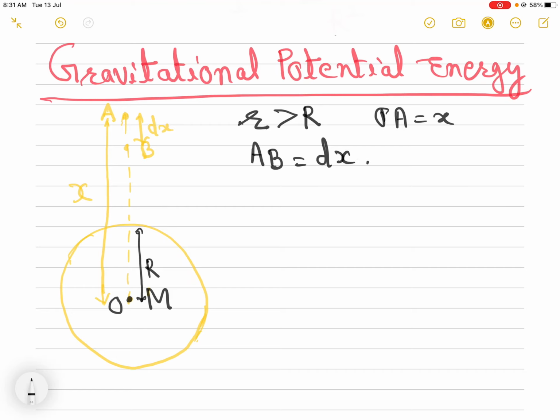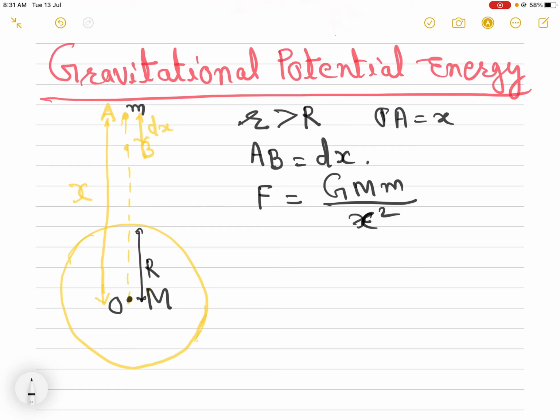Let at A there is a body of mass m. So, gravitational force between earth and that body is F equals G M m by x square. G is the universal gravitational constant, capital M is the mass of earth, small m is the mass of the body, and x is the distance between the body and the center of the earth.